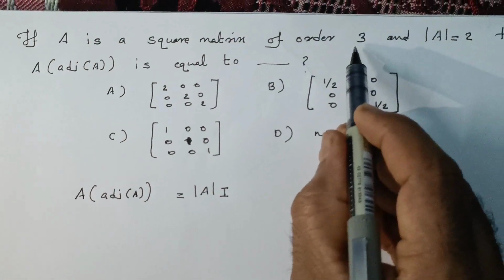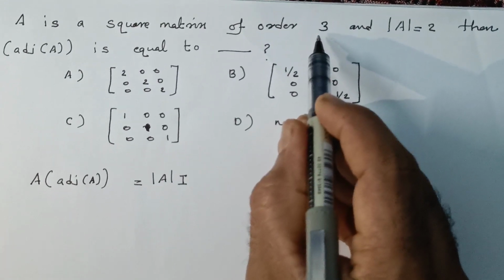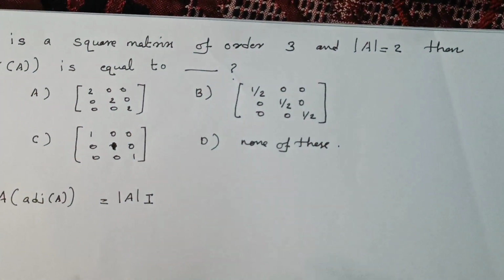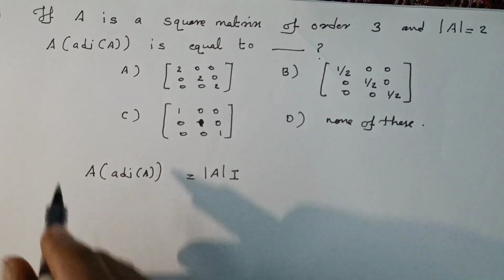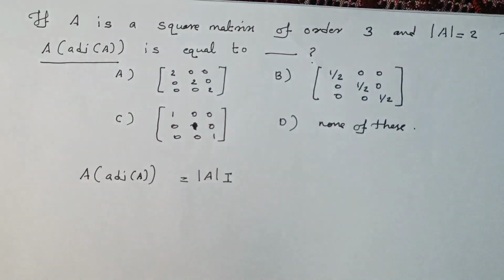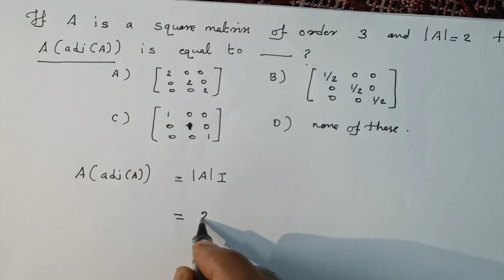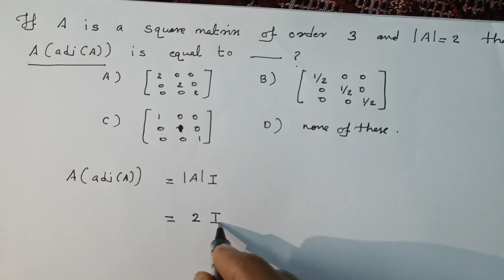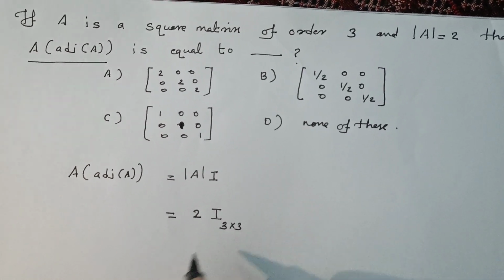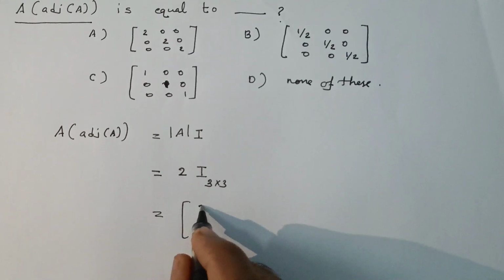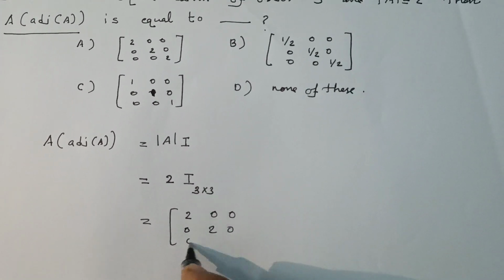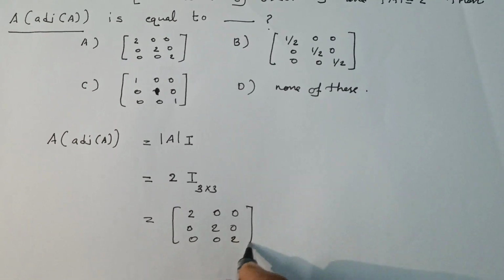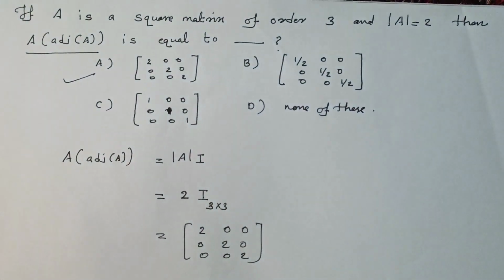Here the matrix is of order 3, that is a 3 by 3 matrix, and the determinant is equal to 2. Therefore, A into adjoint of A equal to 2 into the identity matrix of order 3. Therefore, the answer for this question will be 2, 0, 0, 0, 2, 0 and 0, 0, 2. The option is A.